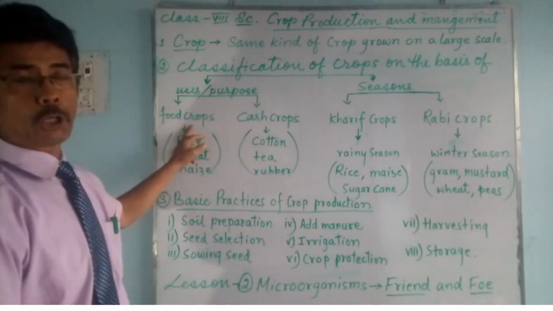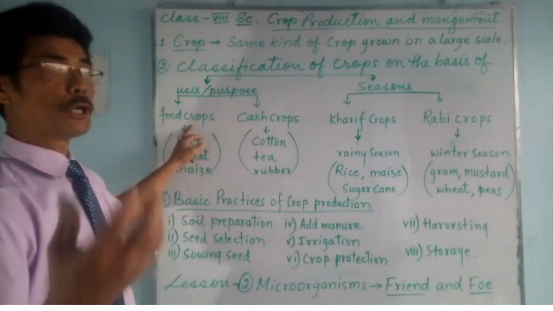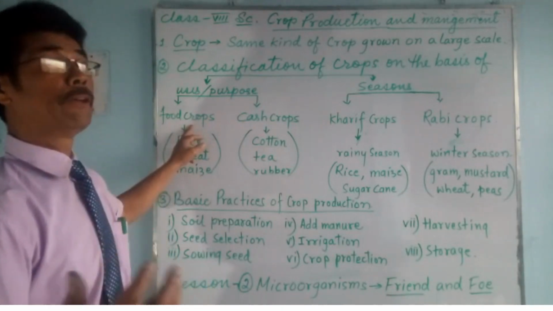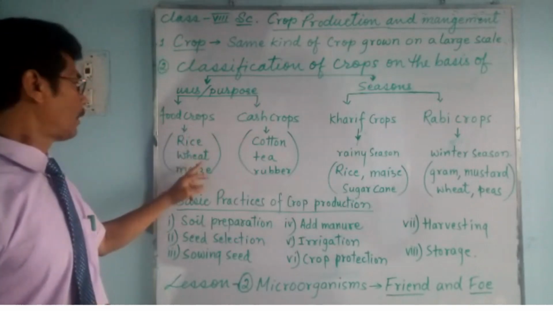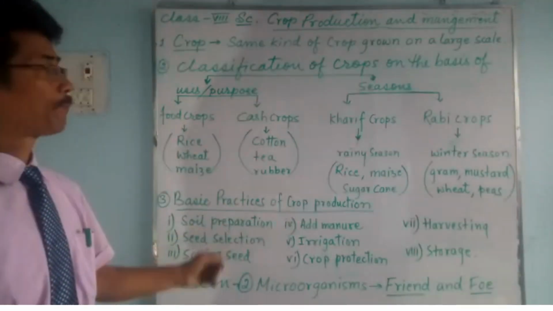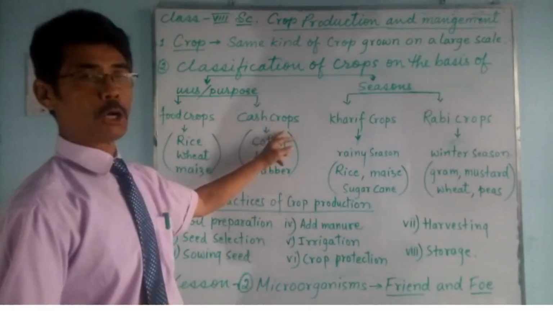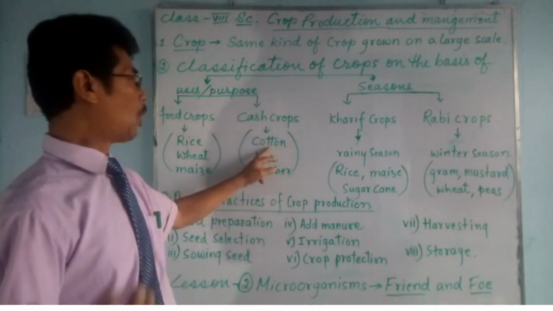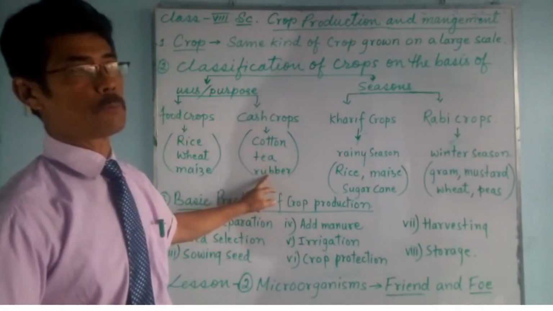Number 1, food crops. We grow crops to consume, to fulfill our basic need, that is food, such as rice, wheat and maize. They are food crops. And the next type of crops are cash crops, such as cotton, tea, rubber. They are also called commercial crops.